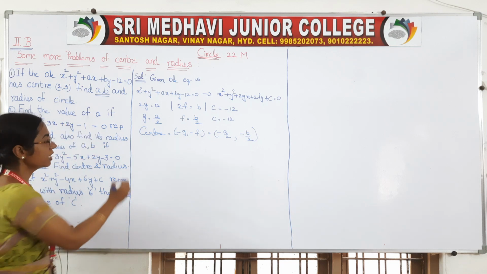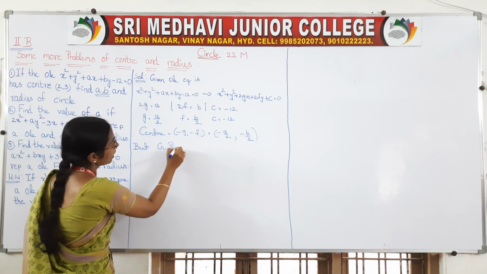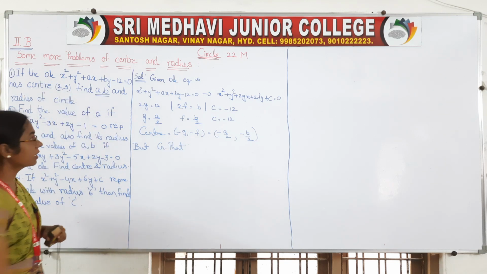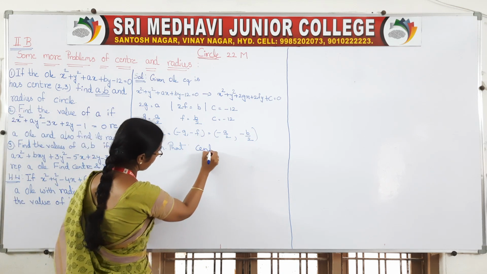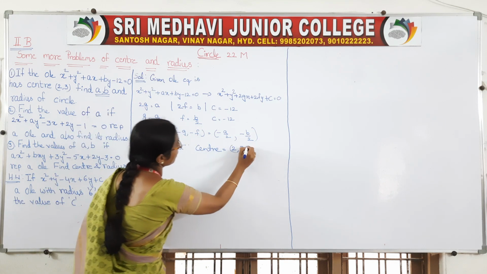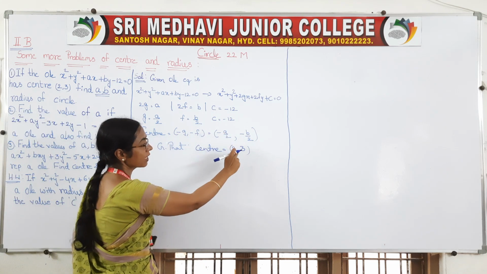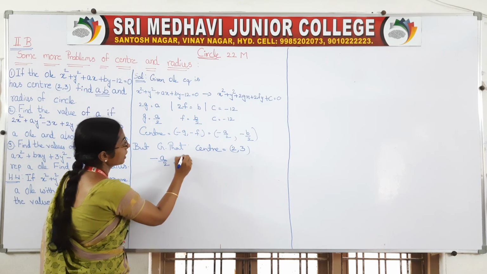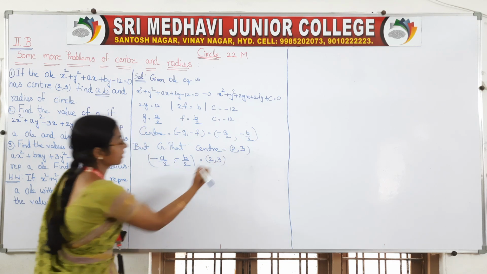But what is the given information to us? Given that center is (2, 3) and we have to find the radius. So now equate: we got from the problem the center is this one and the given information is this. Equate them: (minus a by 2, minus b by 2) is equal to (2, 3).